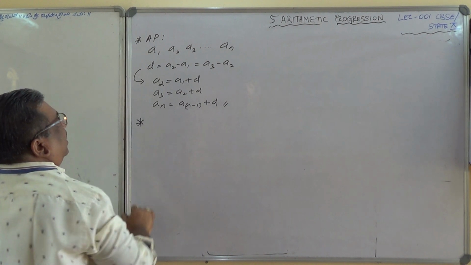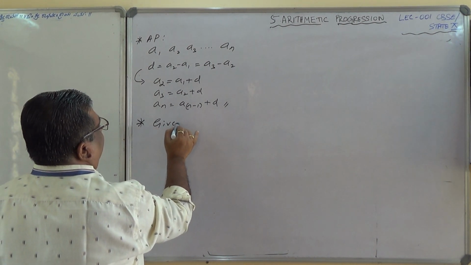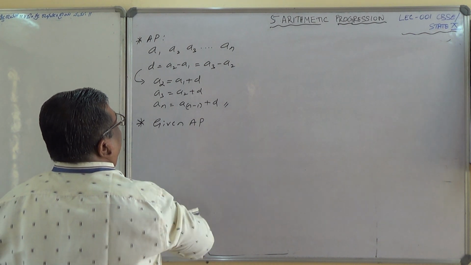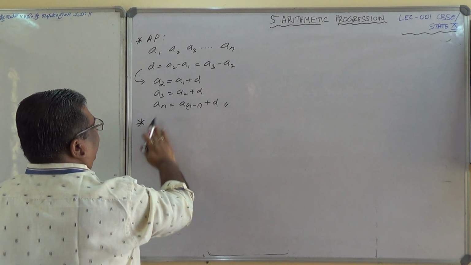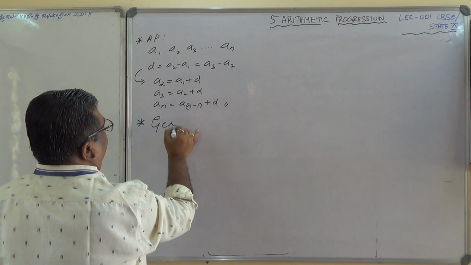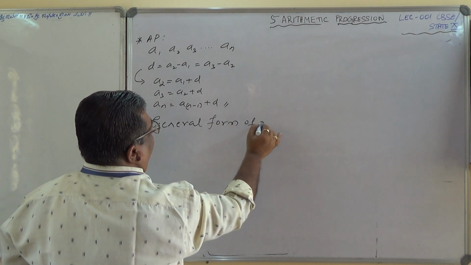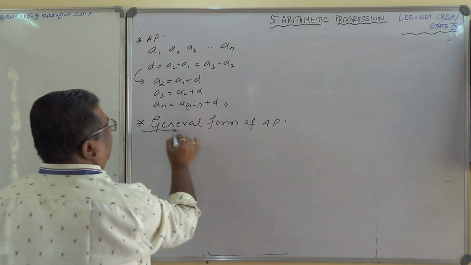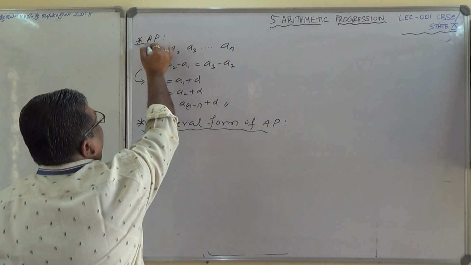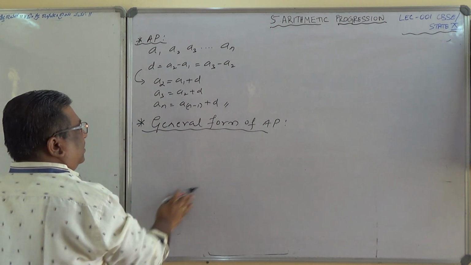And next, if you know the given AP, not the given AP, the general form of an AP. What is the general form? We'll see. This is AP, basically the given AP. This is the definition. What is the general form of an AP?